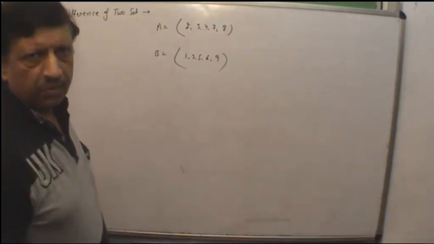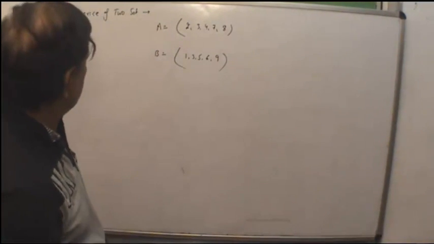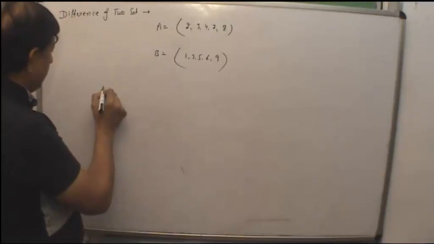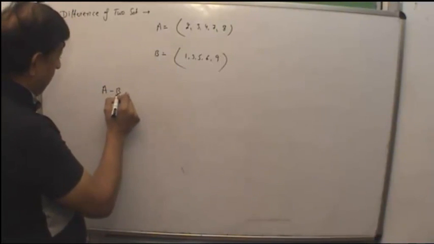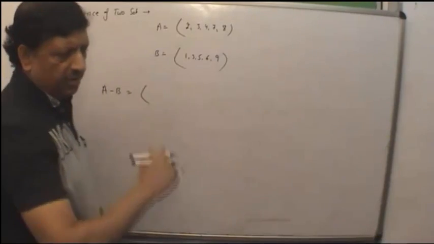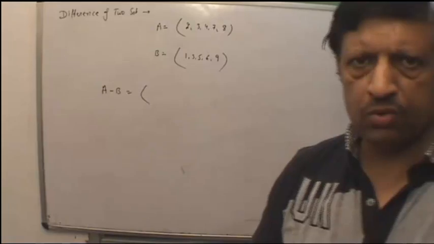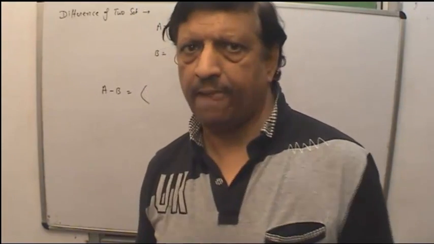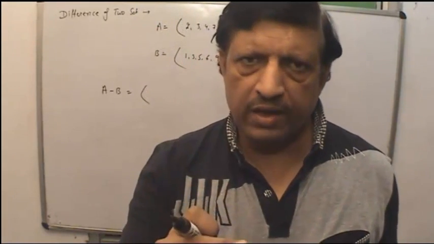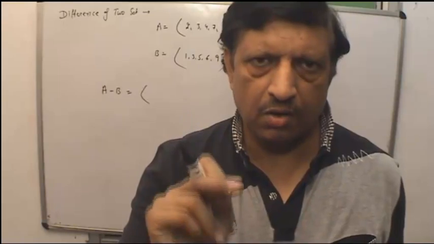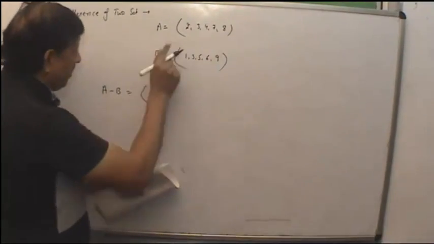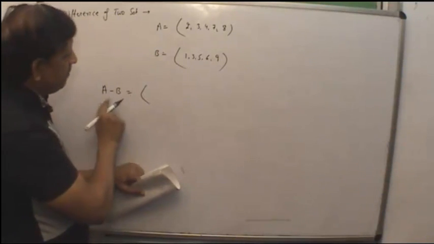Here we have two sets. What does A minus B mean? Generally, A minus B means those elements of A which are not in B. We look for those elements of A which are not in B. Let us start from A because it is A minus B.